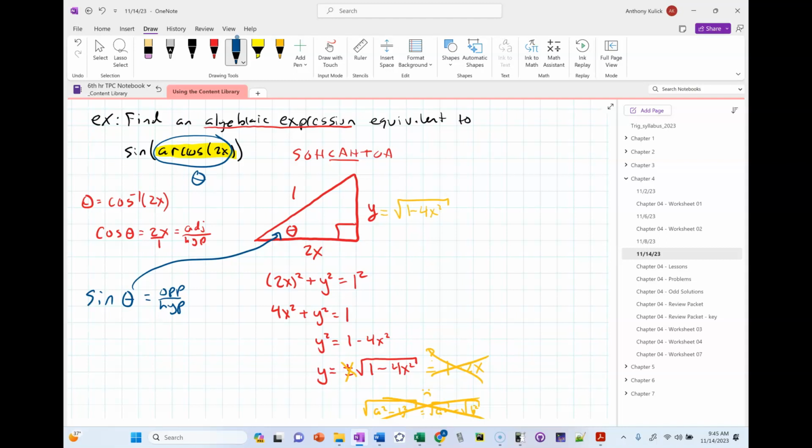Well, what's the opposite in this case? Square root 1 minus 4x squared. And the hypotenuse is 1. Or we can simplify that down to just square root 1 minus 4x squared. And we're done. Well, that's not so bad.